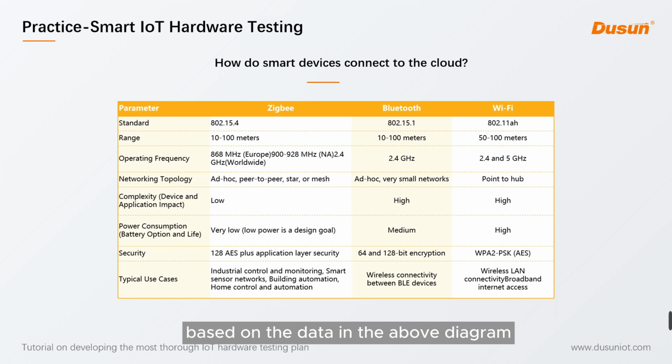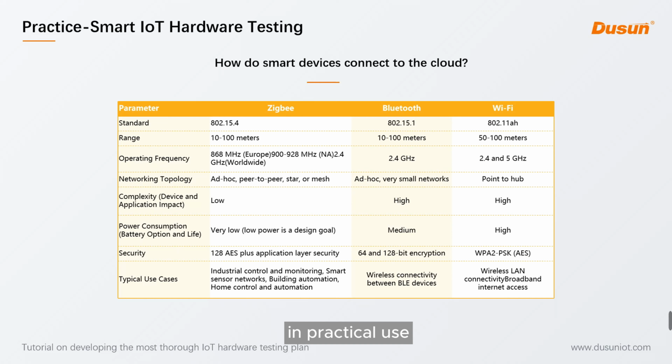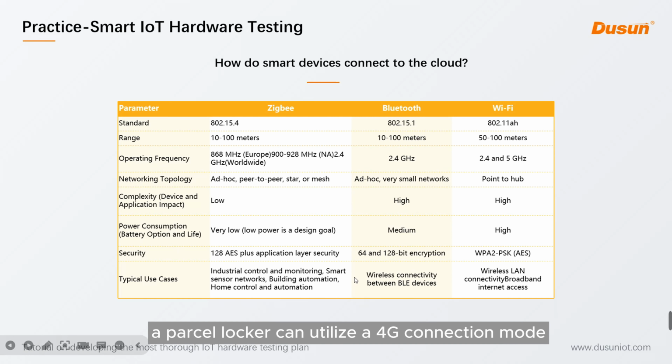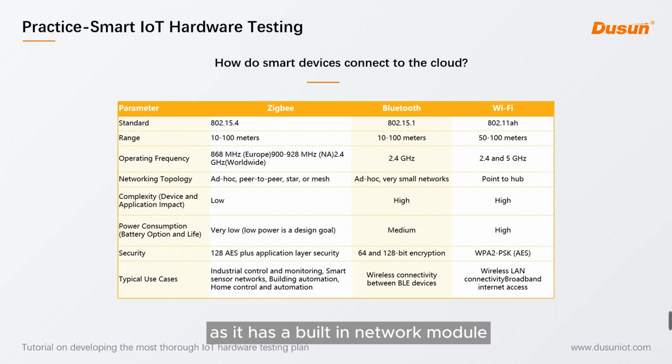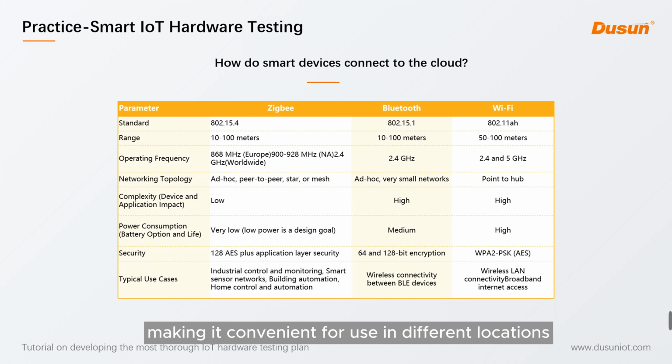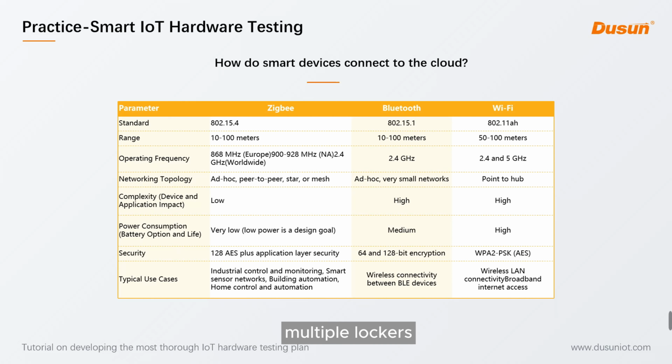Based on the data in the above diagram, when selecting a communication method for different smart devices in practical use, it is evident that, for example, a parcel locker can utilize a 4G connection mode as it has a built-in network module, making it convenient for use in different locations and supporting simultaneous connection of multiple lockers.